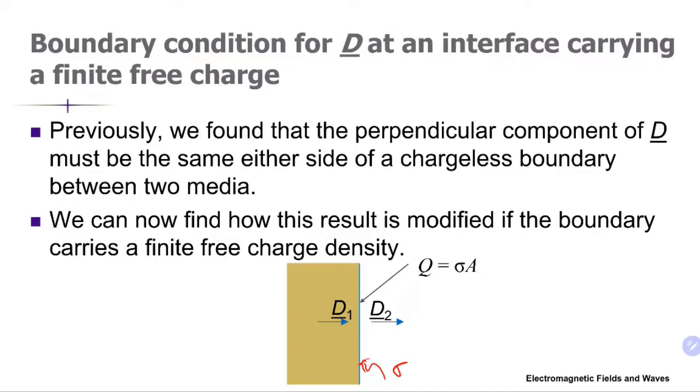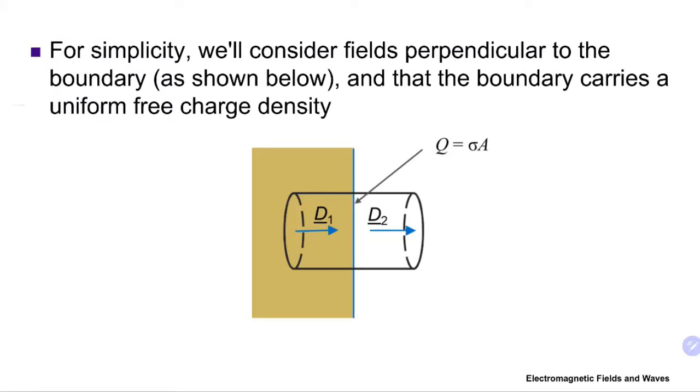So we can modify our boundary conditions by applying what we have known. There's a free charge at the boundary, so again we can draw a Gaussian surface at the interface. We know that there is the electric flux density D1 in one material, D2 in the next material, and now we have some charge in the interface.